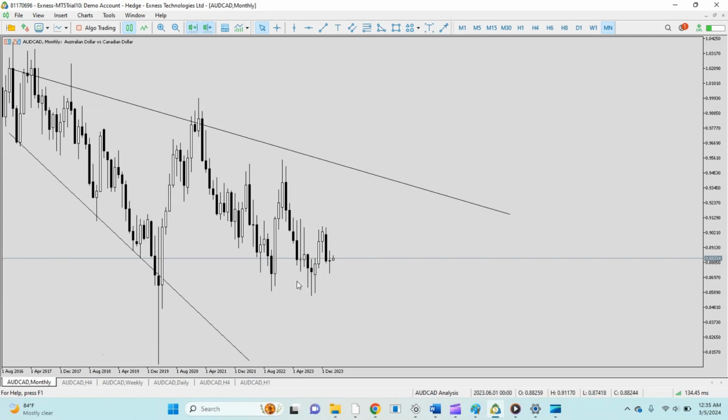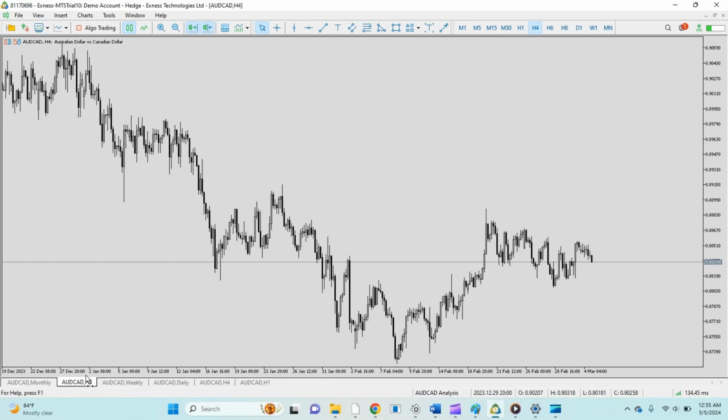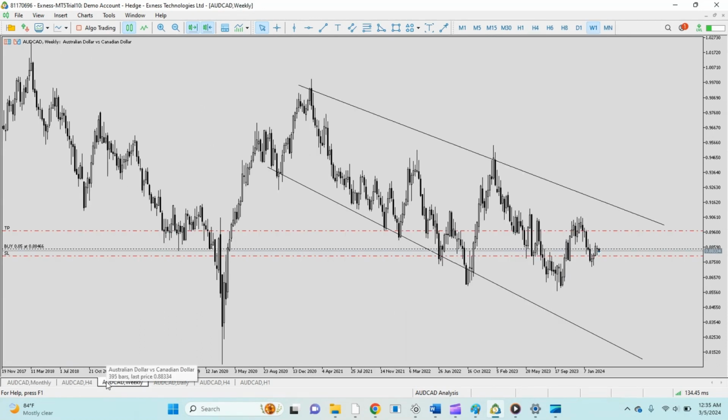Descending, it's in the middle of the triangle. So we can see a downward trend. We're expecting price to come down, or move up to this area before coming down.